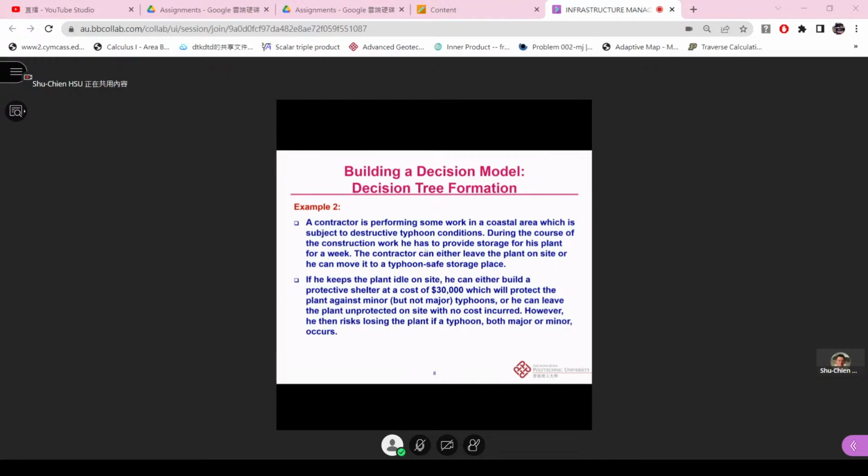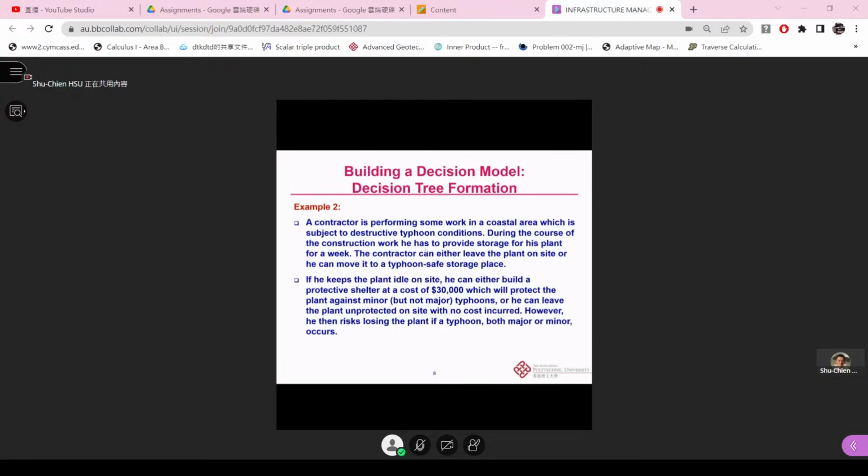If he keeps the plant idle on site, then he can build a protective shelter at a cost of 30,000, which will protect the plant against minor but not major typhoons. So you can also notice that we have a further decision to make: whether we want to build a shelter or not.